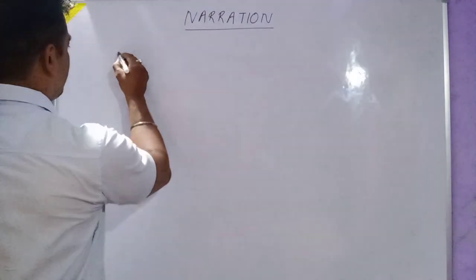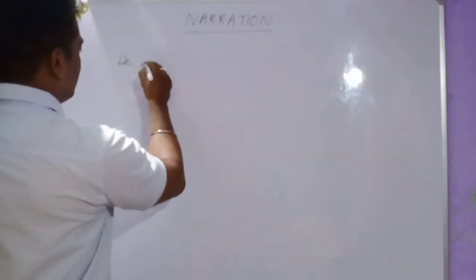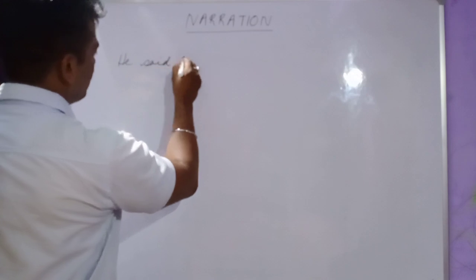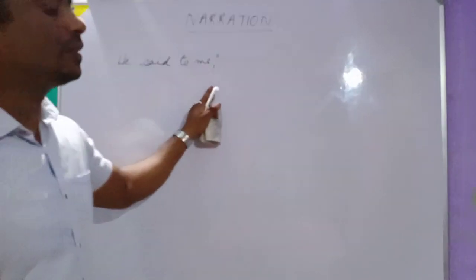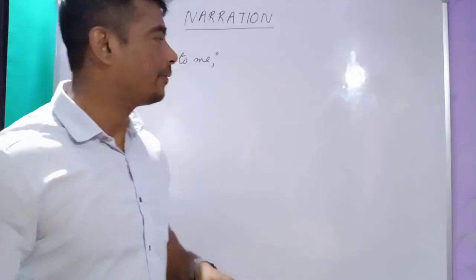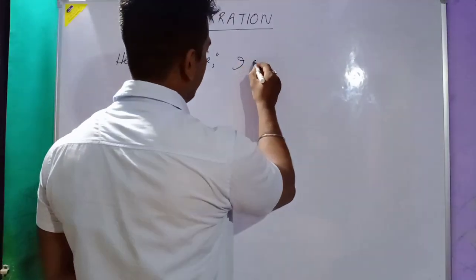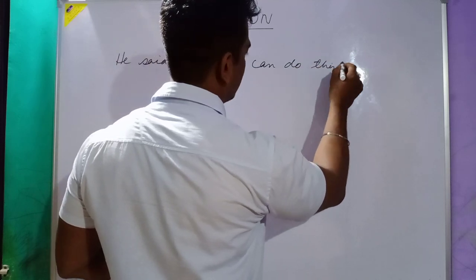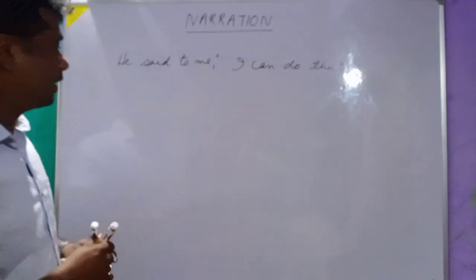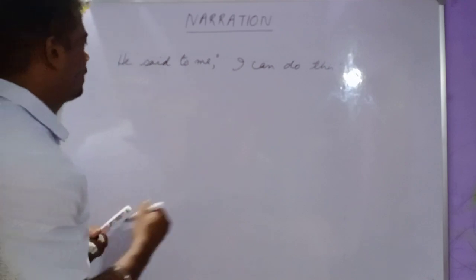Same sentence I am writing, but this time, he said to me, I can do this. The agent to whom it is spoken is present.